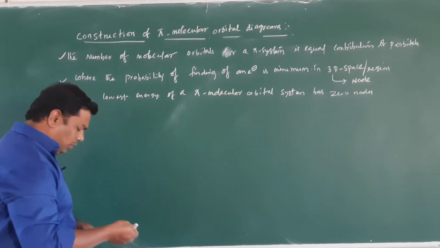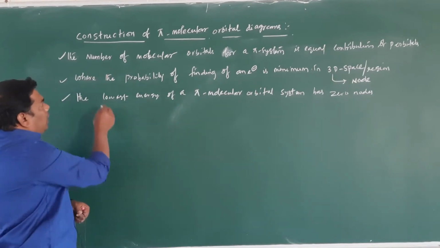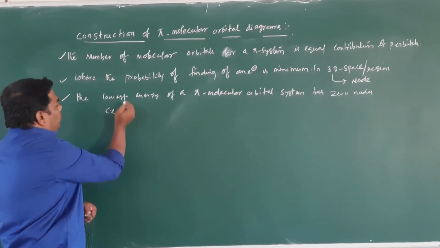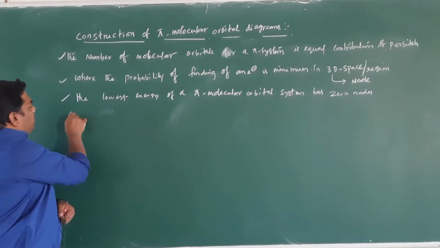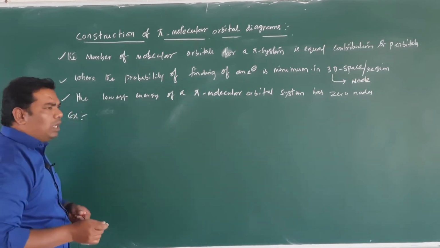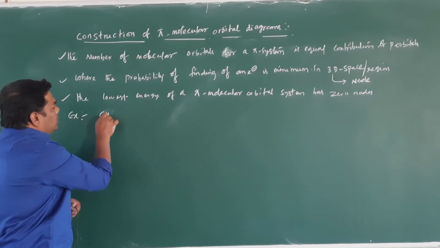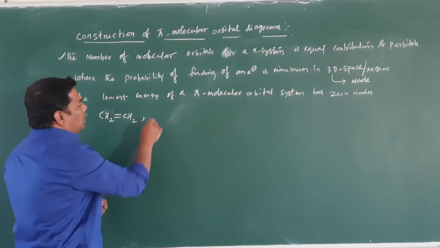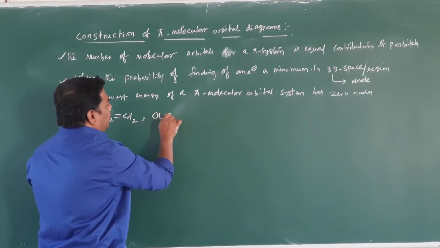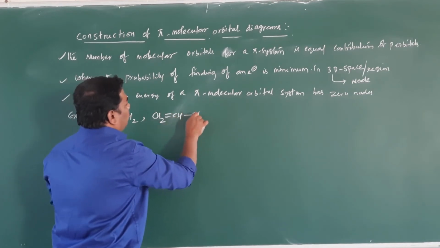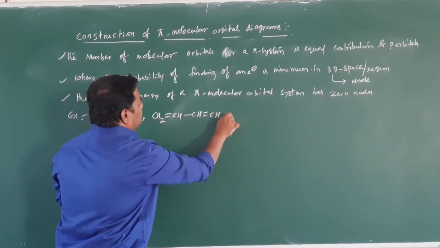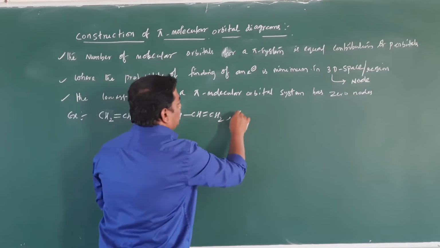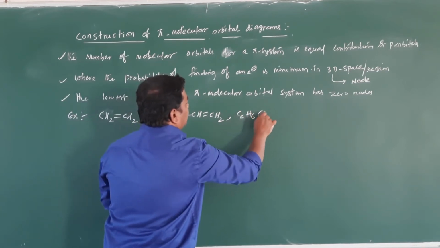So, in this molecular orbital system, we will discuss examples of simple molecules like ethylene, CH2 double bond CH2, 1,3 butadiene, CH2 double bond CH double bond CH2, and C6H6, that is benzene.